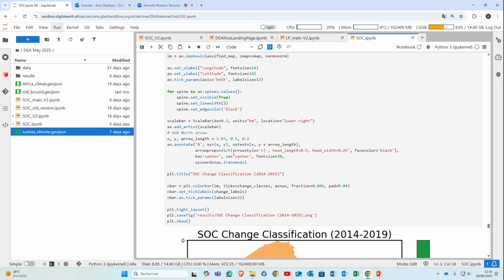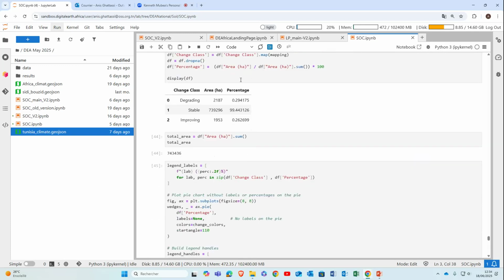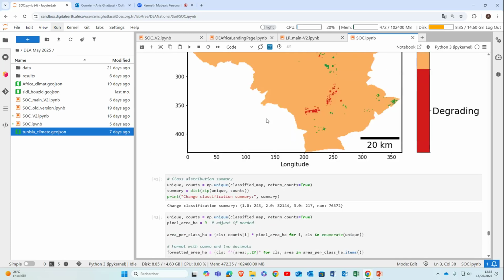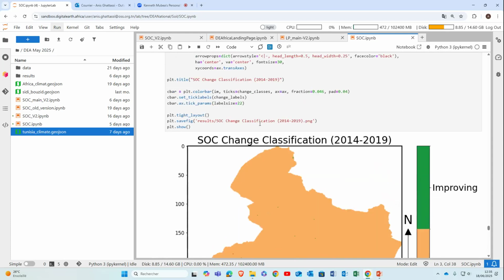So as you can see, after that, we have a section for the statistics that could help the user to better understand these changes based on the calculated soil organic carbon change classification map.